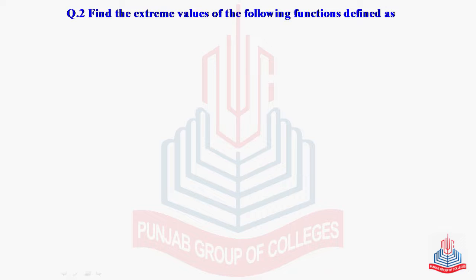The number of steps of that procedure: our first step was to find the first derivative of the given function, and the second step was to find the second derivative.